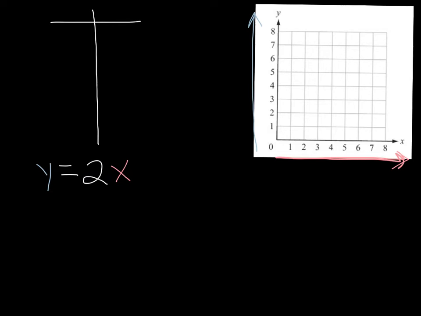How functions work is there's a certain number that goes in for x, and this is the input, and it comes out as y, and that's the output. The x is kind of bossy and it tells the y what to do. So we're going to call the x over here our input. It's the number we're going to put in, and the y value is what we're going to get out as our output.